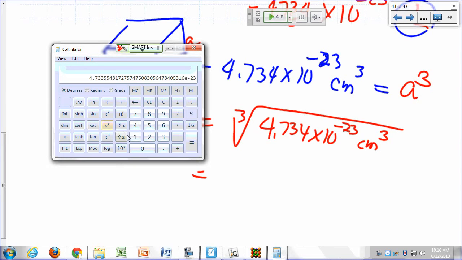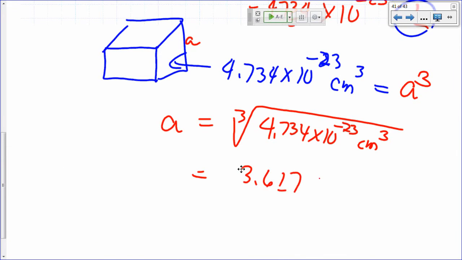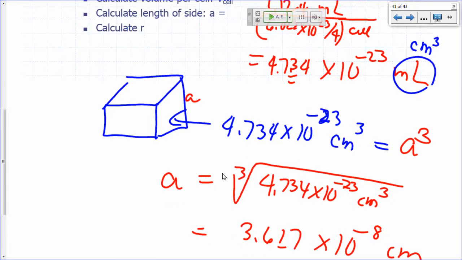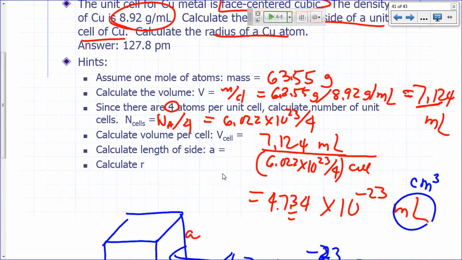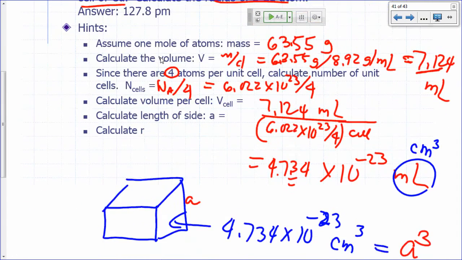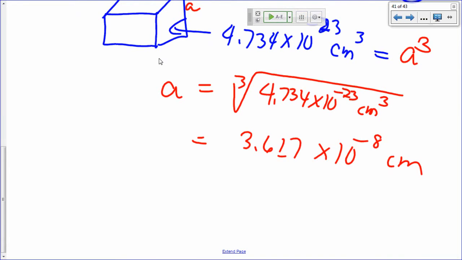So here, I just take the cube root. That's 3.62617 times 10 to the negative 8, 3 sig figs, centimeters. Is that what we got? I don't have that answer up there, but I have the final answer is 127.8 picometers is the radius. Okay, so that's the length of the side of a cube.